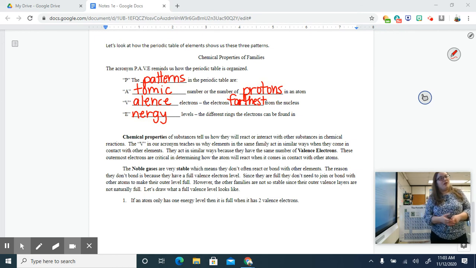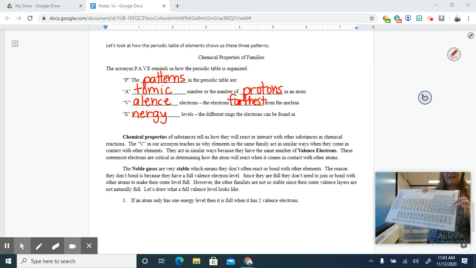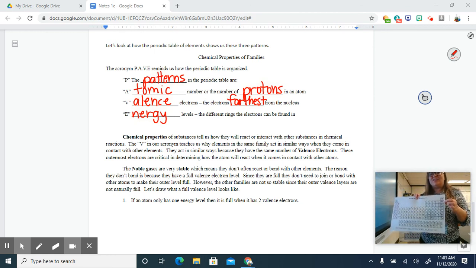Okay, so what's going on with those valence electrons tells you whether or not an atom is stable, reactive, or somewhere in the middle. So we've got these noble gases over here in family 18. They all have 8 valence electrons, and 8 is the happy, stable number. 8 valence electrons means all my friends are at the party and there's nobody extra here that I don't want here.